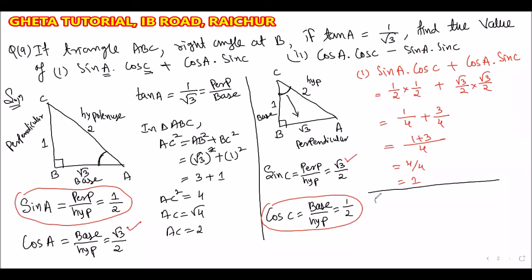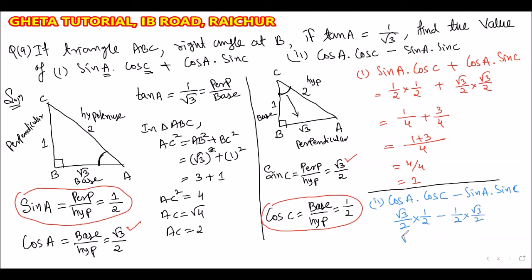Similarly, you can find the second question: cos A into cos C minus sin A into sin C. Cos A is root 3 by 2, cos C is 1 by 2, minus sin A, which is 1 by 2, into sin C, which is root 3 by 2.